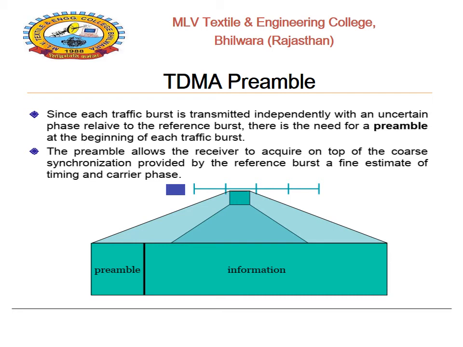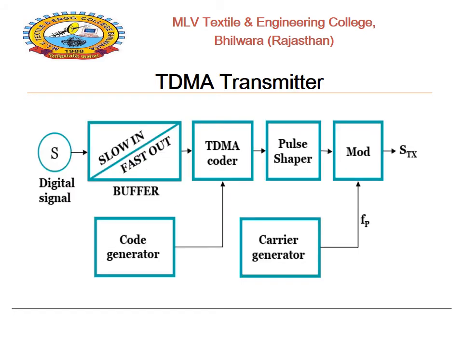The preamble is basically attached at the initial part of the information, to handle the uncertainty during transmission of the signal.